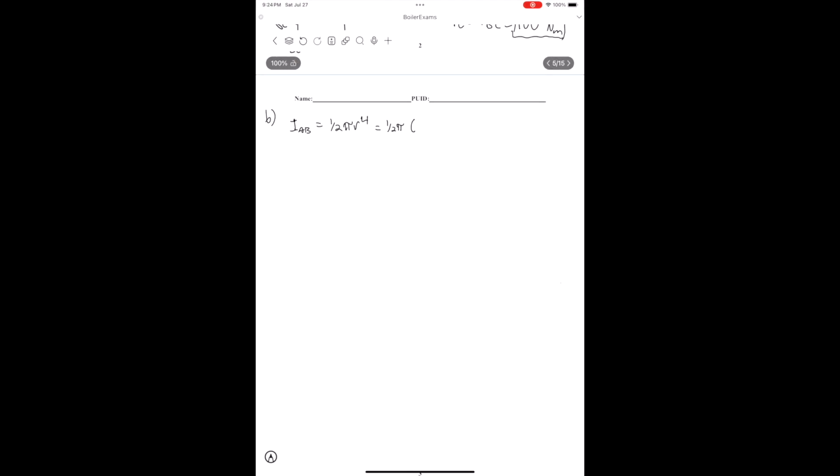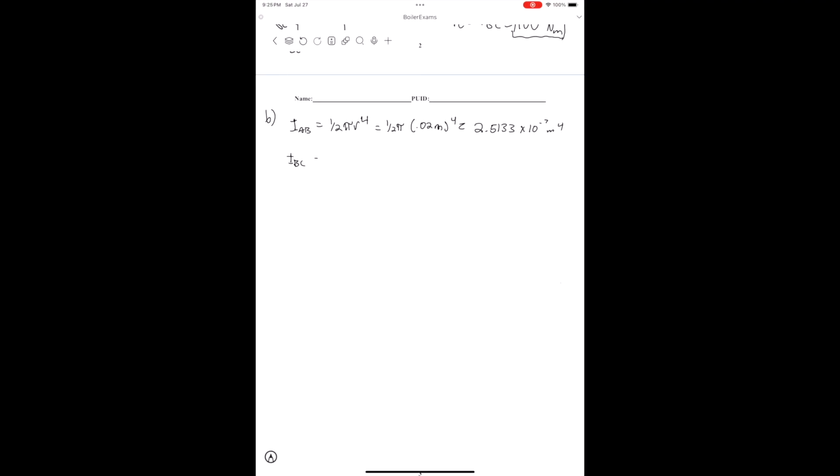So if you use a formula with the radius, make sure that you use the radius and not the diameter. The radius of our solid circular section is going to be 0.02 meters, and that's going to give us a moment of inertia of 2.5133 times 10 to the -7th meters to the 4th.